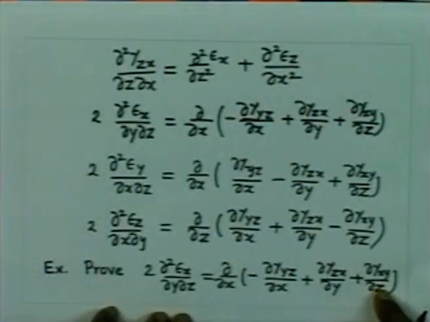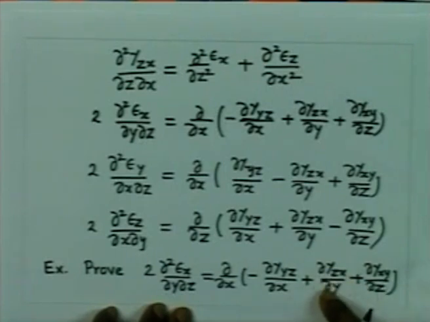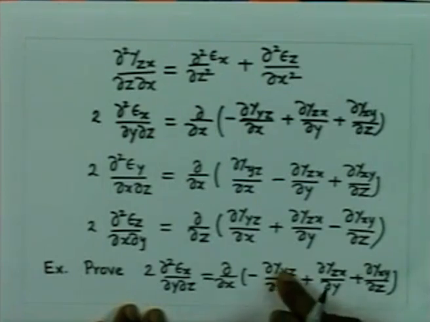In order to do this, you just take the expression for delta gamma xy, differentiate with respect to z, and then take the expression for gamma zx, differentiate with respect to y, and similarly take the expression for gamma yz and differentiate with respect to x, and then take this sum.